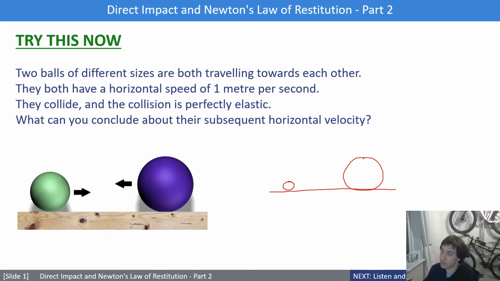The E can still be 1. All that means is that the velocities end up having a total which is the same as the original total. But because I specified horizontal velocity, the horizontal component is actually not going to add up to what it was originally. So that's the point I'm trying to make here. When two objects collide, if they're the same size, that's good. If they're different sizes, then we're not going to have a nice, neat horizontal collision.